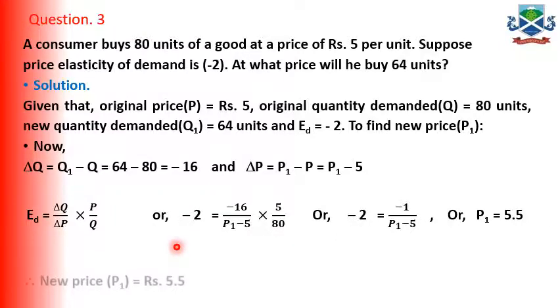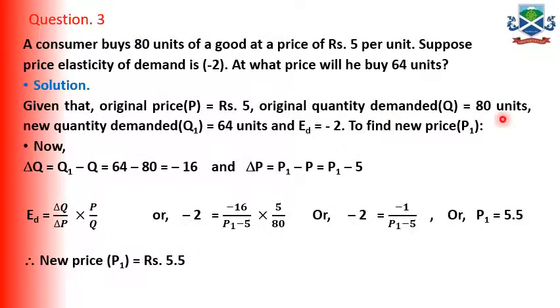That is the new price of the commodity. That means at rupees 5.5 the consumer will demand 64 units of the commodity. That is the answer for this question.